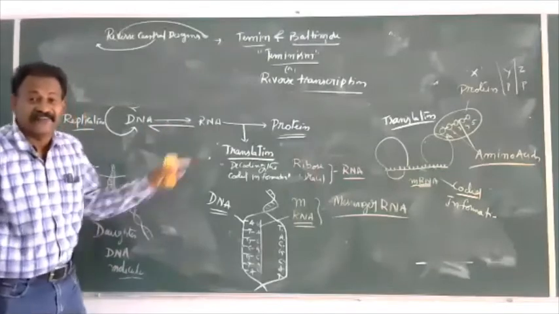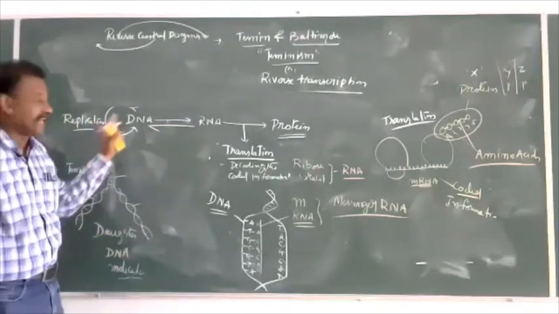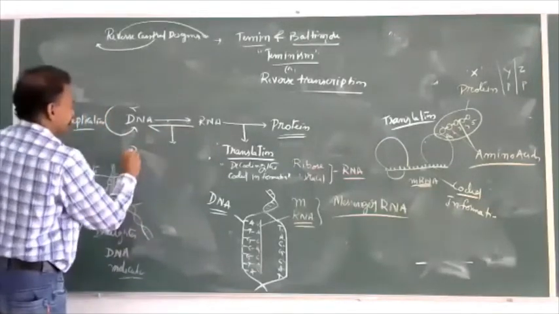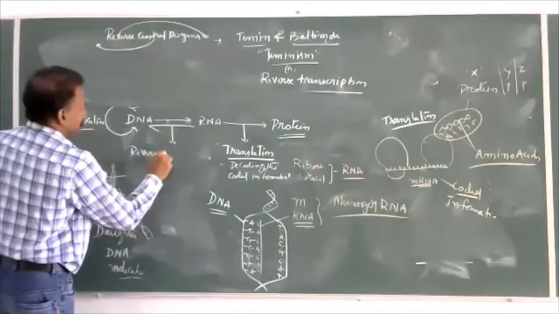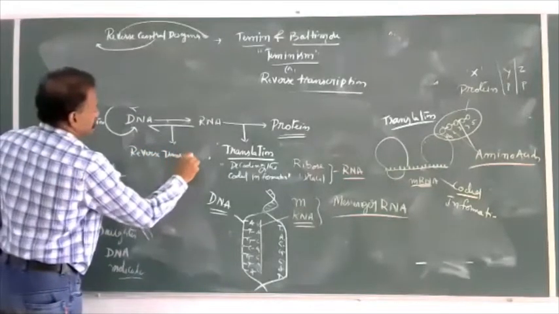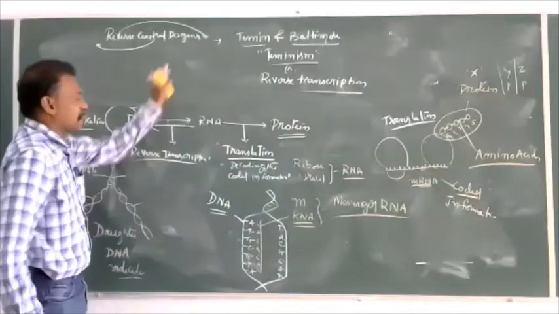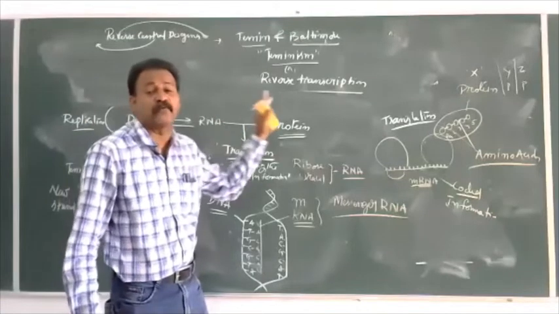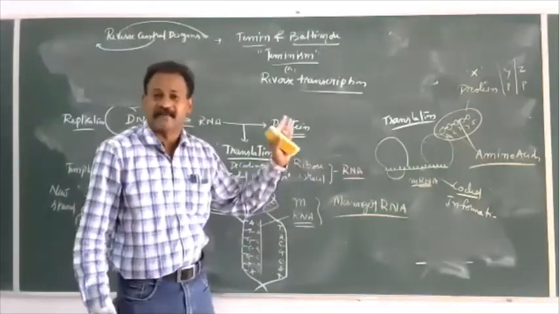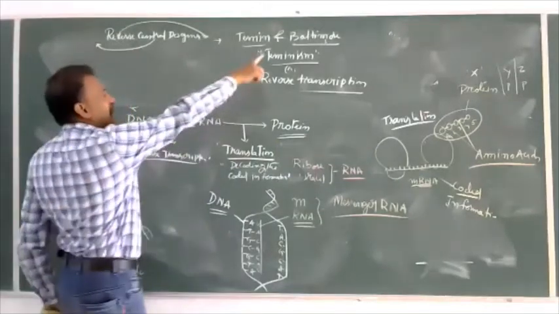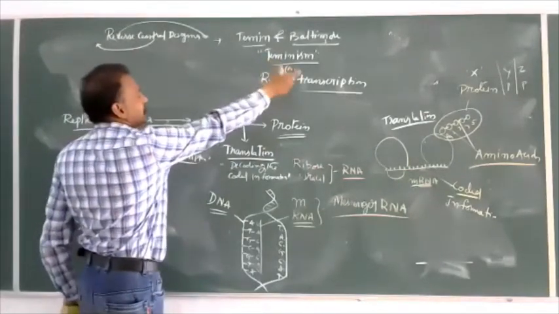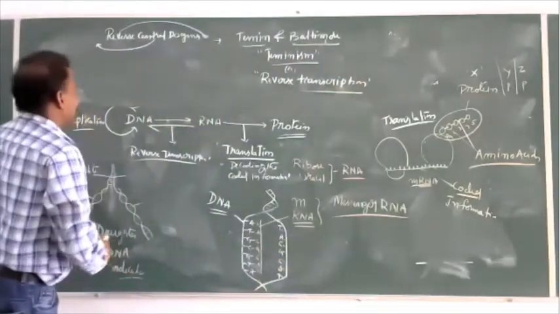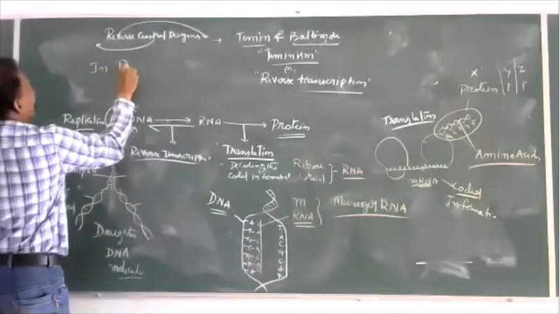The process of formation of DNA from RNA is called reverse transcription. Central dogma, according to Crick, says DNA is responsible to produce RNA and RNA is responsible to produce protein. But it is not so in some organisms. Temin and Baltimore, by giving the name Teminism or reverse transcription, identified the organisms in which this occurs: retroviruses.